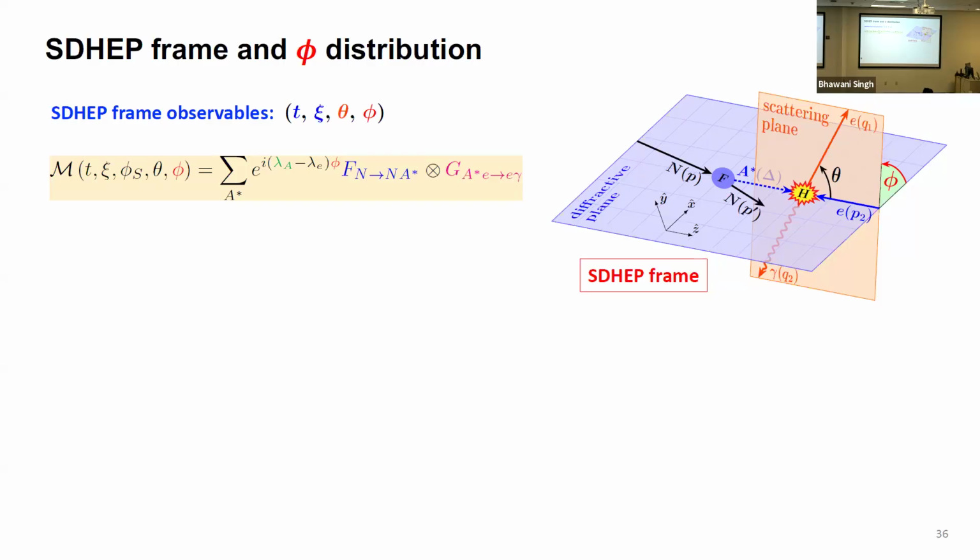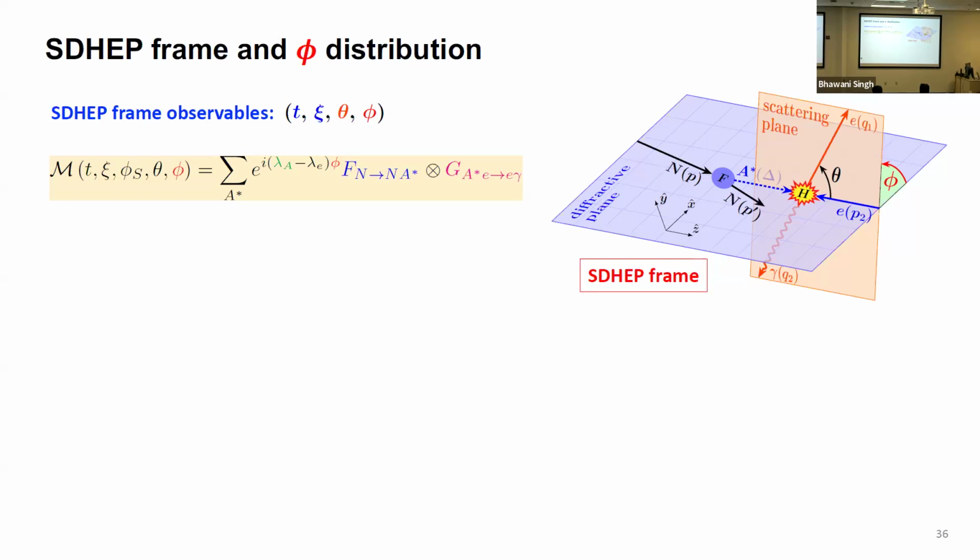The first part is the diffraction part from N to A star. And this is followed by the hard scattering between the A star and the electron that produces the final state particles. And now we know what phi is. Phi is exactly the azimuthal angle dependence of the hard scattering part.